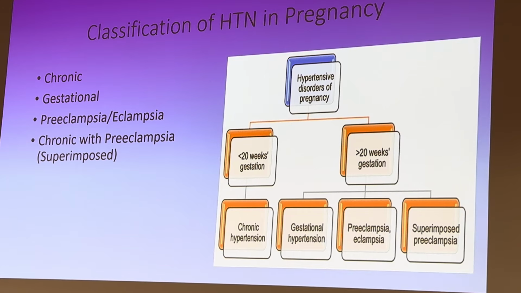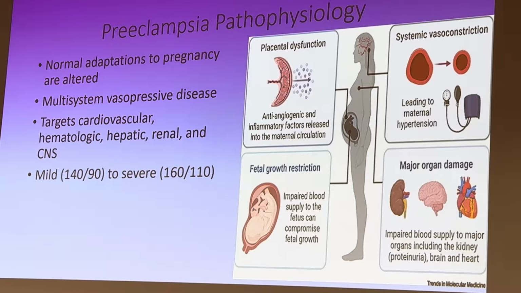And the longer we can keep the baby in for development, that would be better. But if mom continues to decline, or she starts having more liver involvement, low platelets, or hemolysis, or anything like that, then we need to deliver her sooner rather than later.